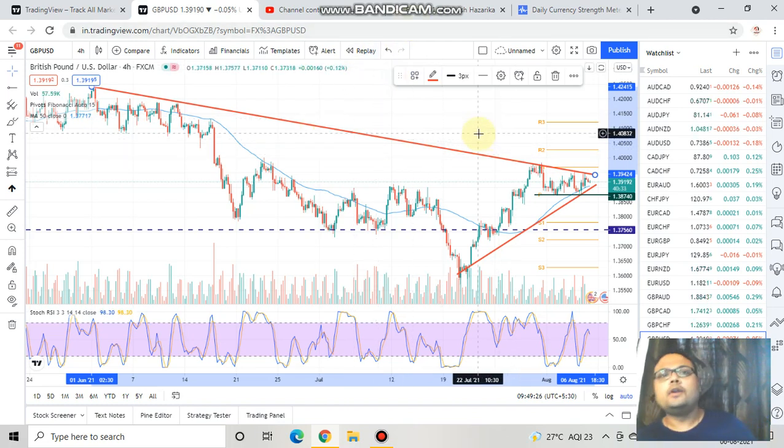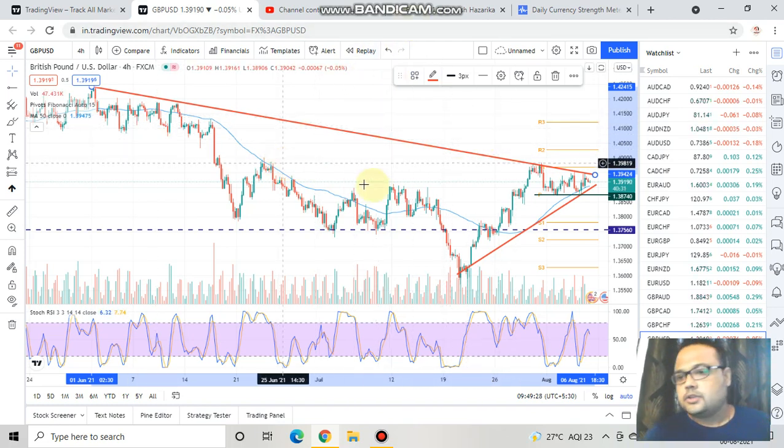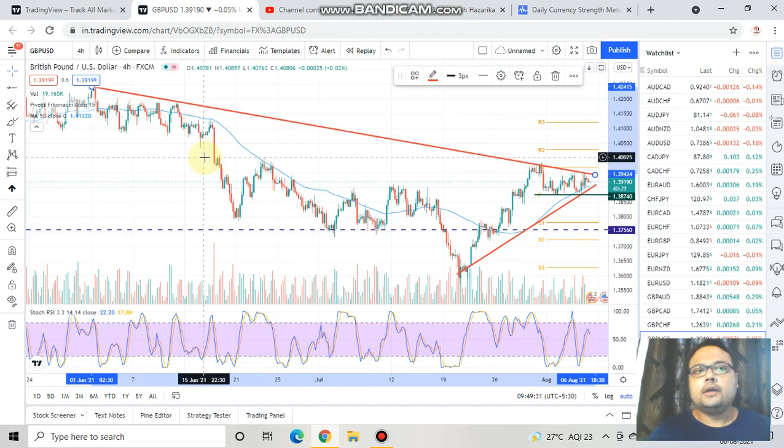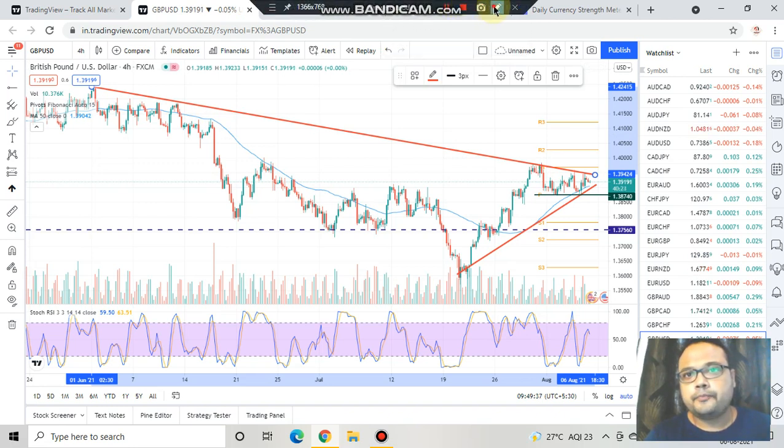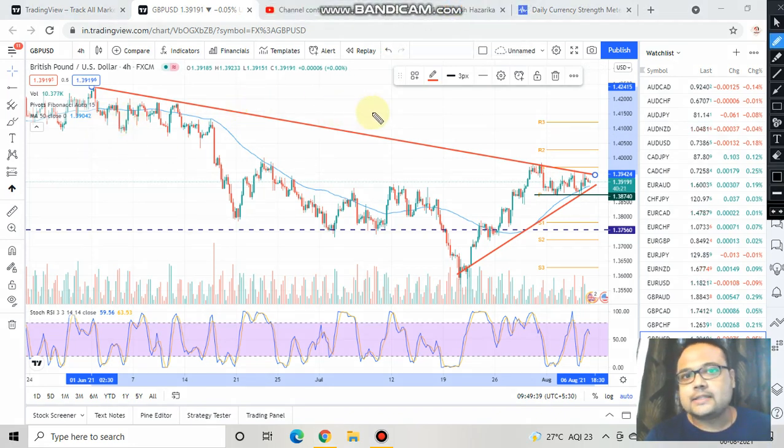So what is the overall trend of the market here? If we just look at the chart, then we can see that the overall trend of the market seems to be in downtrend, because this trend line is acting as a dynamic resistance for the market. Whenever the market is trying to go up, this trend line is not allowing the market to go up.